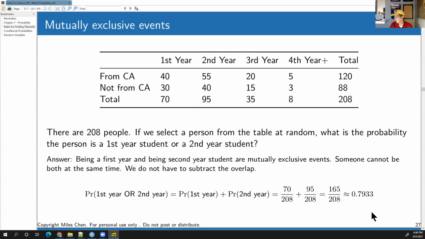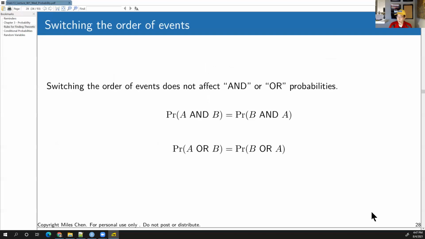Okay, and that's it. They're mutually exclusive. We don't have to worry about subtracting the overlap. And that's going to come in handy because later on we're going to ask, what's the probability of this thing or this thing happening? You don't want to have to try to calculate the overlap, but you don't have to, because if you think about it, there's no overlap for you to worry about.